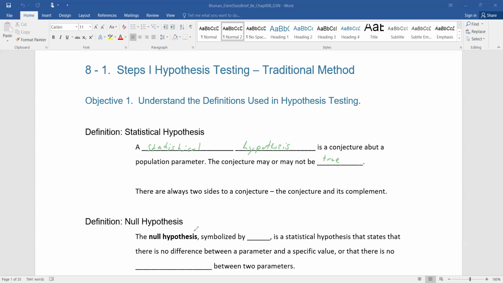The null hypothesis is symbolized with H naught or H0. It is a statistical hypothesis that states that there is no difference between a parameter and a specific value, or that there is no difference between 2 parameters.